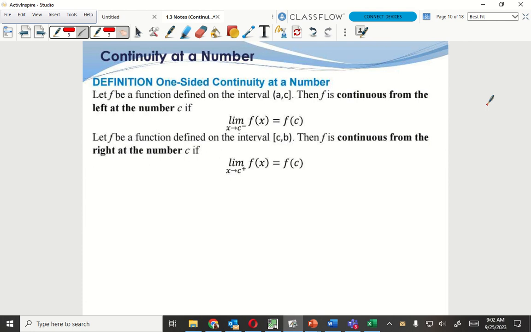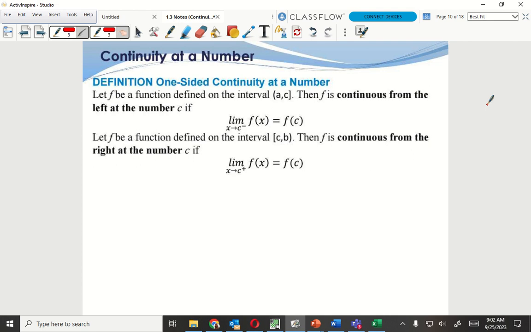Let the function be defined over the interval of closed C to open B, then F is continuous from the right at number C. So the limit from the right at C, it is continuous from there because it is equal to C, and that's what we're going for here.